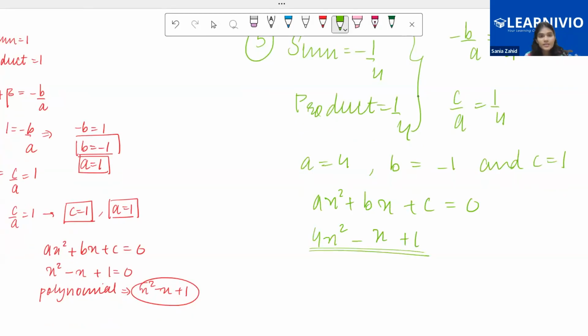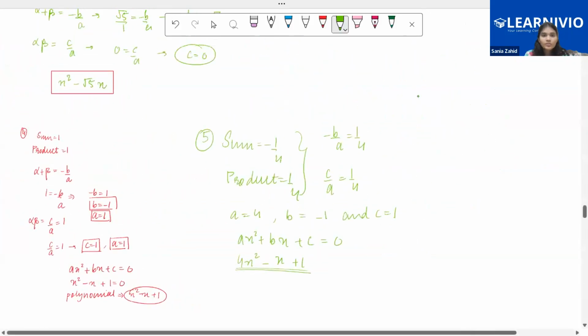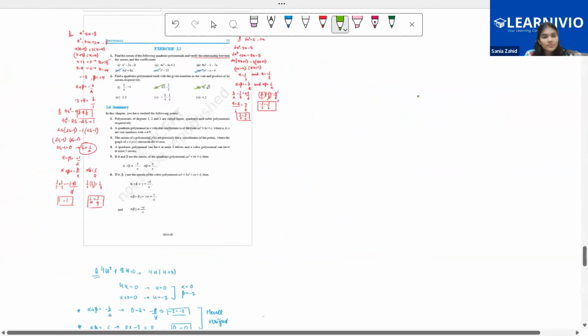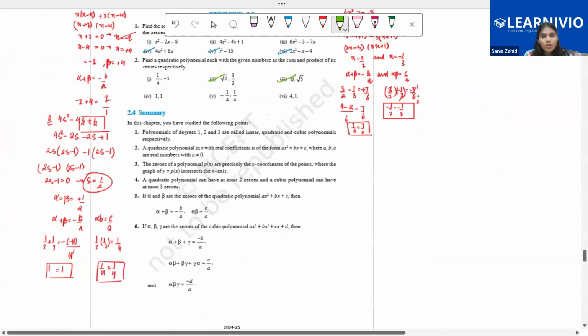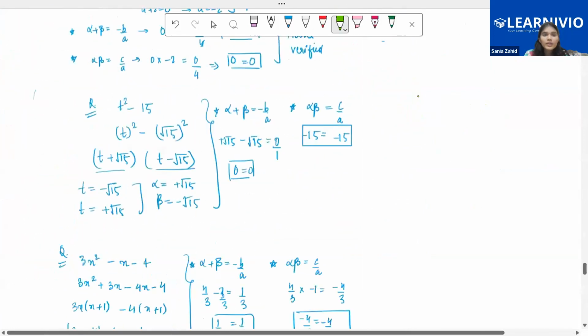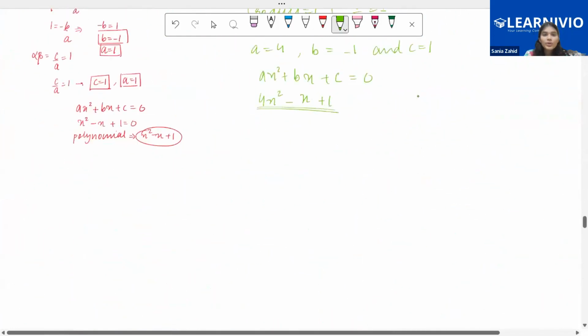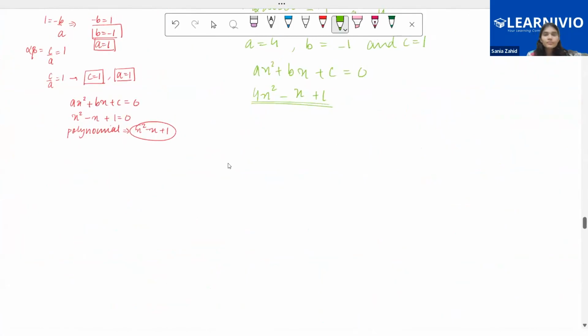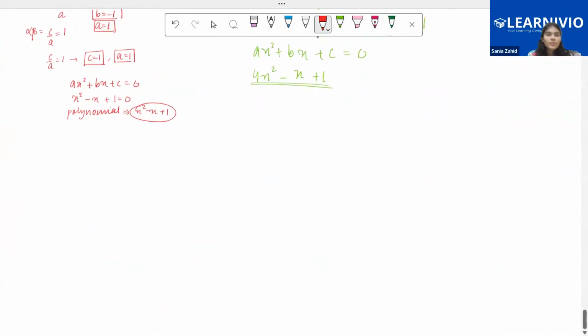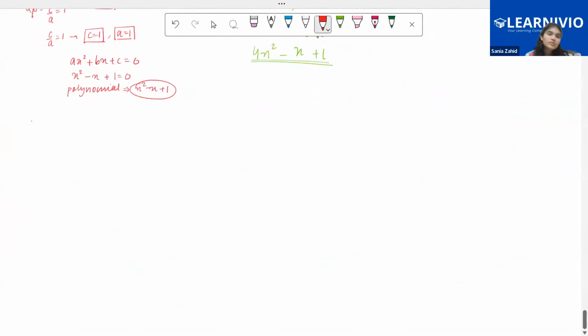So this is your polynomial. Are you getting the same answer? Yes. Okay, good. So next we have the sixth part. Here, sum is 4 and product is 1.